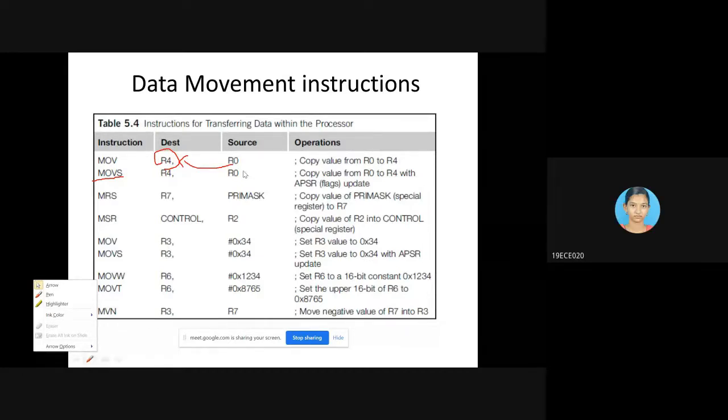Ma'am, it moves the value of R0 to R4 with the flag update. Okay, it updates the flag register. So what is the purpose of this S suffix? Ma'am, updating the flag. Yes. So after execution, your flags will be updated in which register? APSR, the APS register.